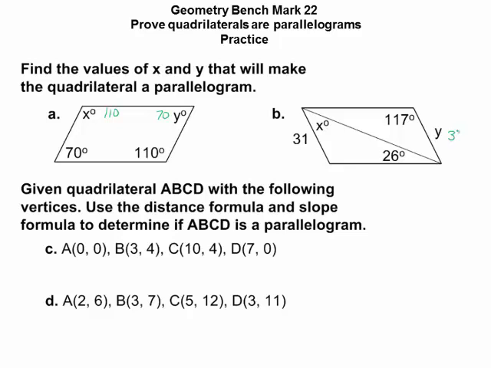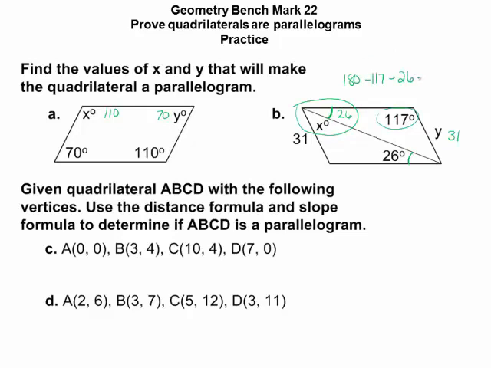Okay. Now this one is going to require some calculation. Because this is 26, I know that this is also 26. And I know that this whole thing plus this, these two together, are going to make 180. So I'm going to have to do 180 minus 117 and minus 26.